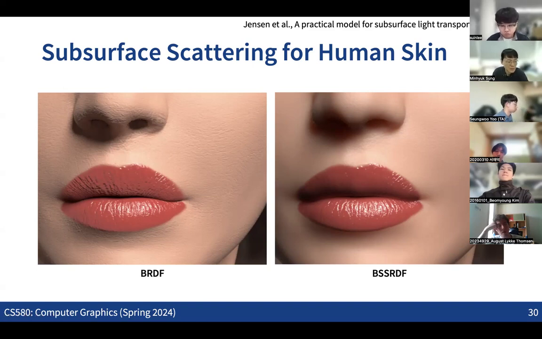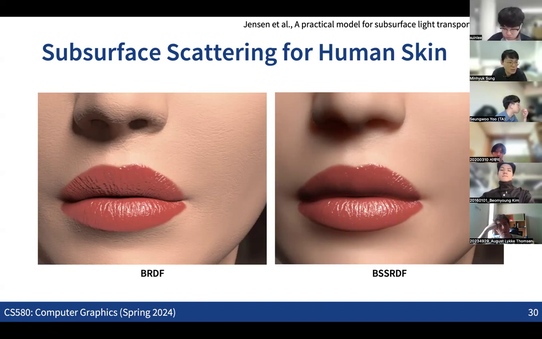Human skin should be represented as having multiple layers, so the light can penetrate through some of the layers, but can also be reflected in intermediate layers of the material. Those are the cases where we see subsurface scattering.